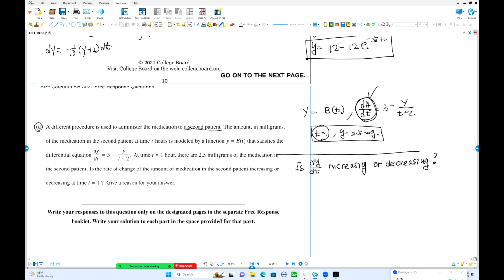How can you check? This is the first derivative. To check increasing or decreasing, we need the second derivative, right? Okay, we need to find the second derivative.